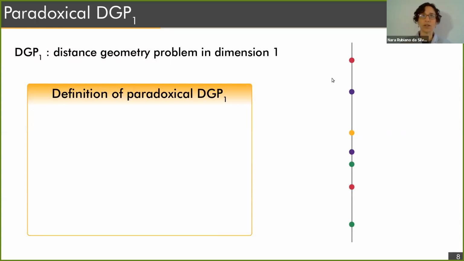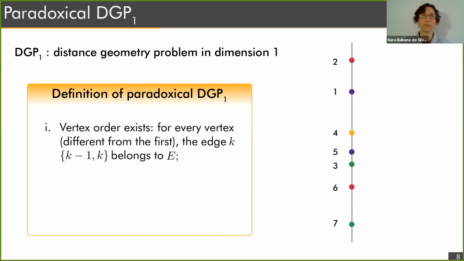The paradoxical instance has additional constraints, which are listed here. First, there exists a vertex order in our graph, meaning that we can label each of the vertices with an integer number.